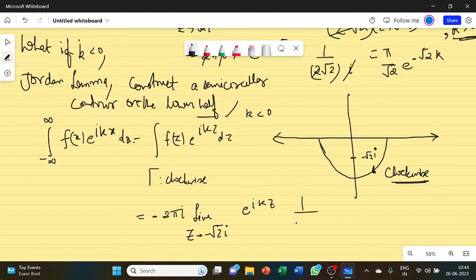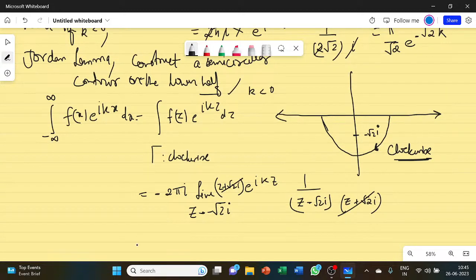1 upon z square plus 2. I'll write z minus root 2 iota into z plus root 2 iota; the z minus root 2 iota will get cancelled, because you have to multiply by z plus root 2 iota in order to evaluate the residue. So this gets cancelled. There is a negative, and then there is a negative also.